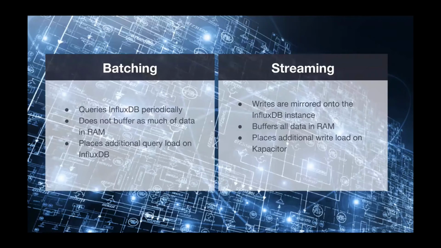But if you need to do any type of transformation on individual data points, stream tasks are a great way to do that. You can also get the lowest possible latency. So anytime latency is an issue, stream tasks are a good way to go because they ensure the least possible delay.